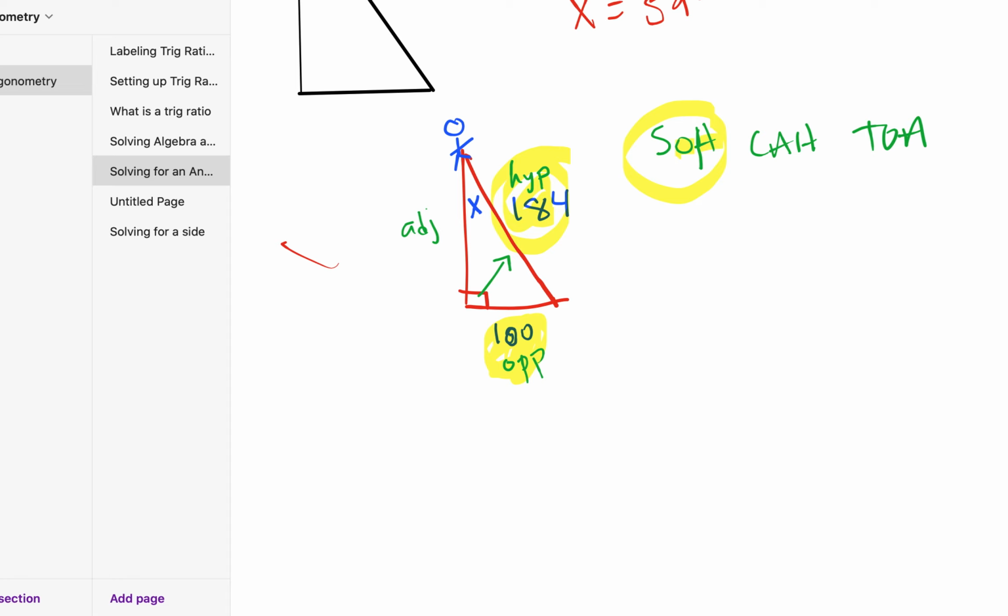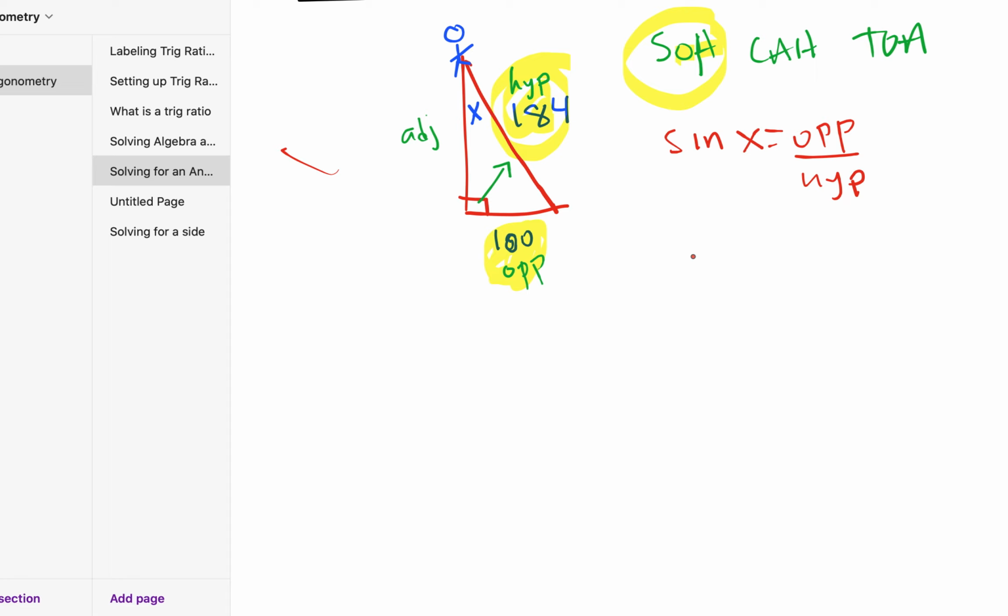So what we now remember is that sine of the angle will always equal the opposite side divided by the hypotenuse. So we can take this particular problem and say sine of the angle equals the opposite 100 divided by 184.